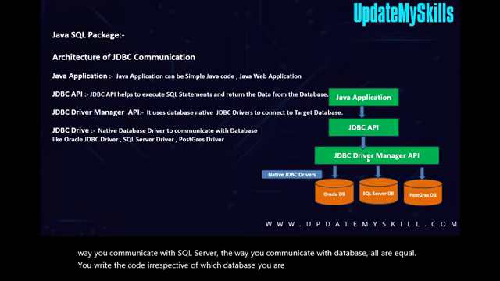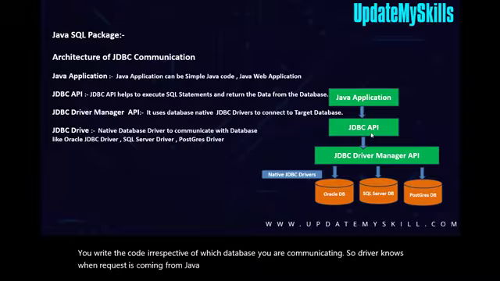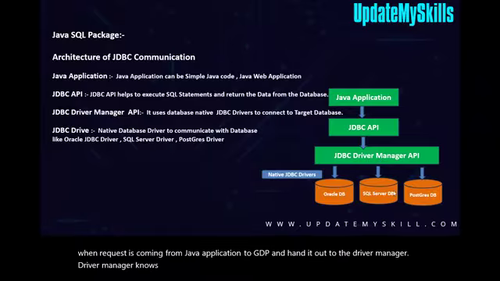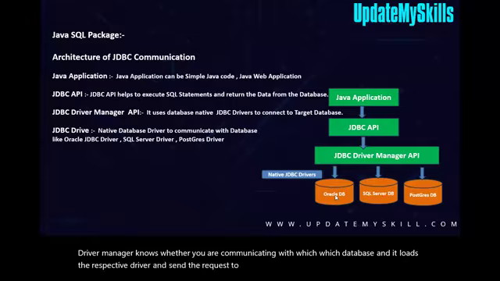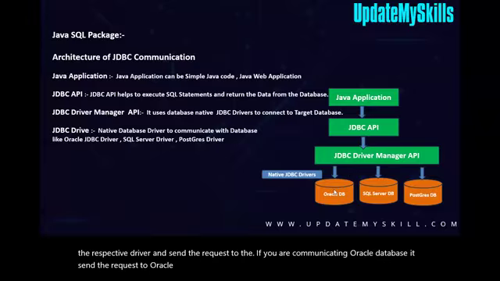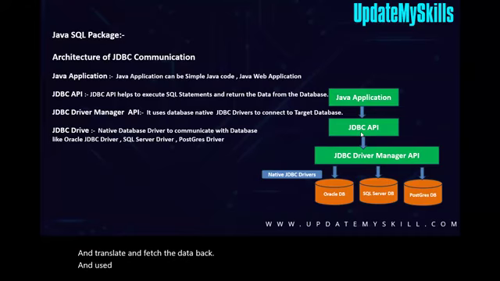So when a request comes from the Java application to the JDBC API, it hands it out to the driver manager. The driver manager knows which database you are communicating with, and it loads the respective driver and sends the request. If you are communicating with an Oracle database, it sends the request to the Oracle database, translates and fetches the data back and gives it to the JDBC API, and that gives it to the Java application.